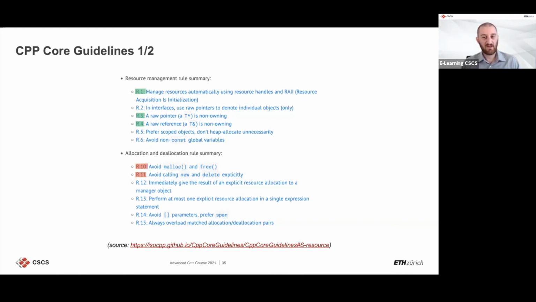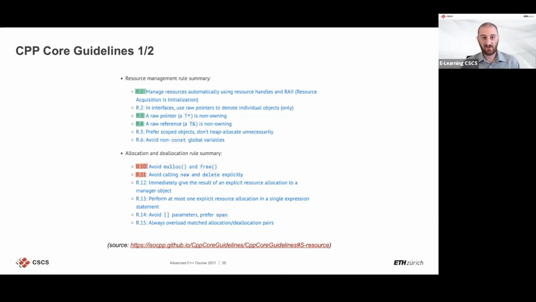When you have some doubt about what you should do, what is better, I suggest to give a look there, because they are quite good. And here I reported just the ones about resource management. In green, the first one, R1: manage resources automatically using resource handles and RAII.